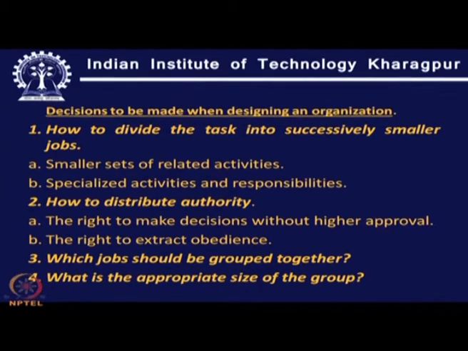And then, which jobs are to be grouped together and what is the appropriate size of the group, like what will be the span of control, the number of people who will be working together as peers, and which types of jobs will be grouped together.